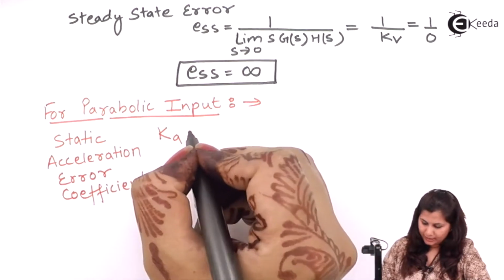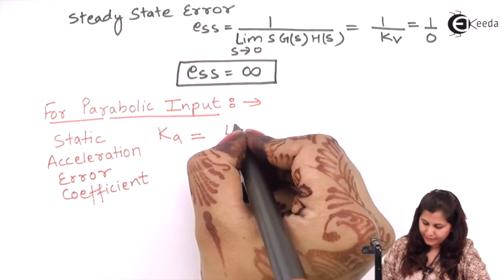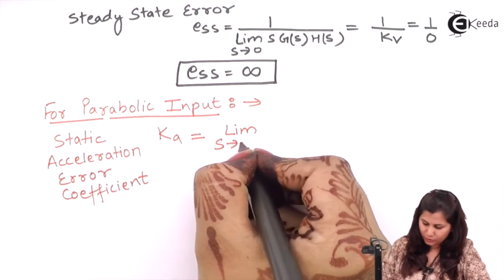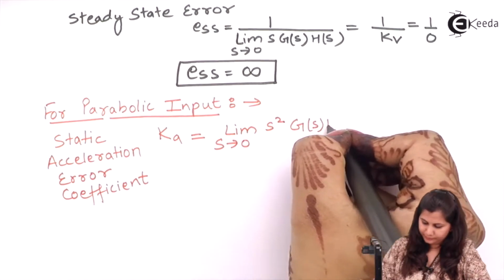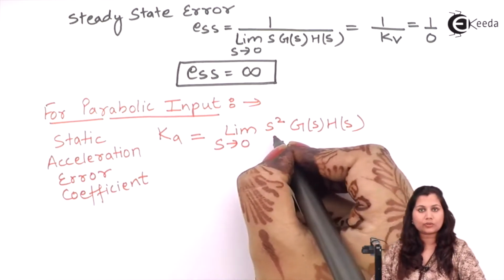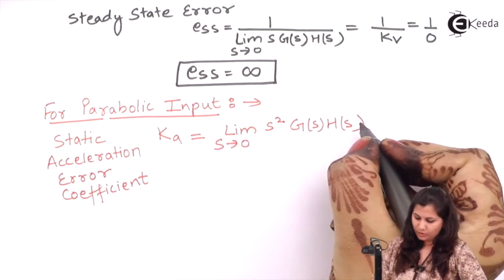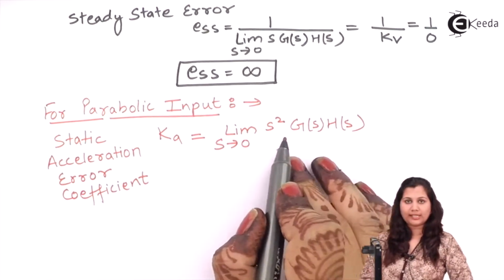So Ka is equal to limit s tends to 0 of s square GsHs. Put the value of GsHs here.